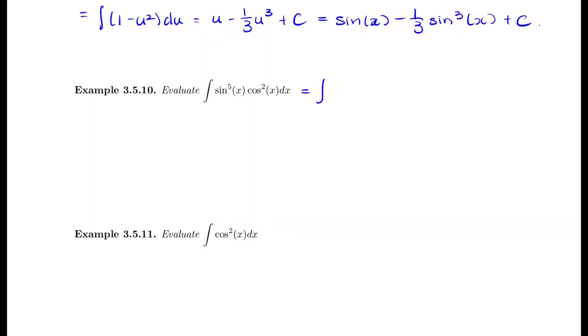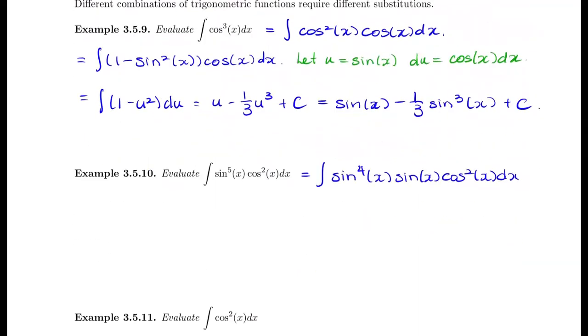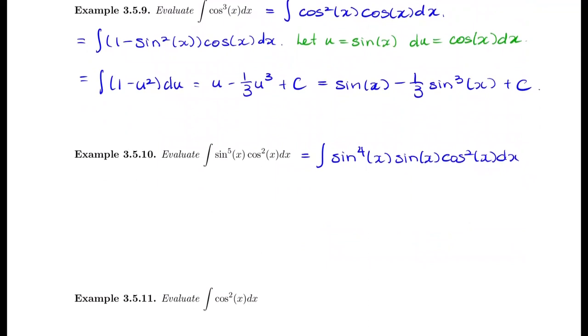I'm going to write this as sine to the 4th of x multiplied by sine of x, and then cos squared of x dx. Now, remember that sine squared of x is also 1 minus cos squared of x.